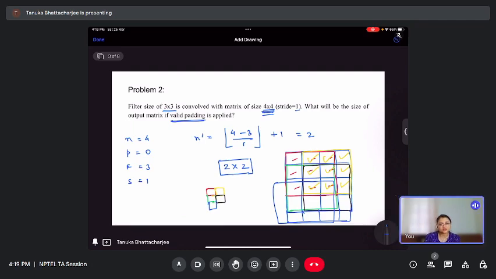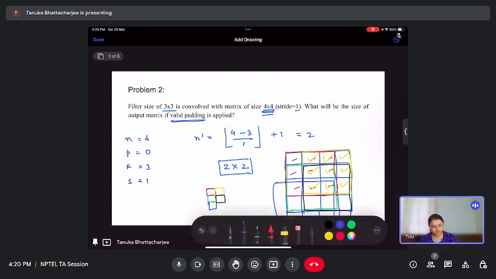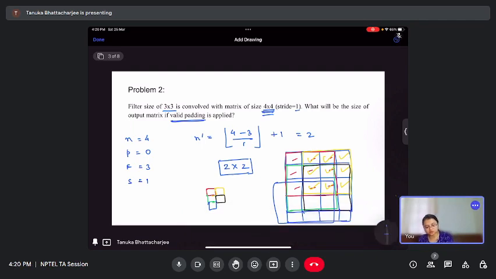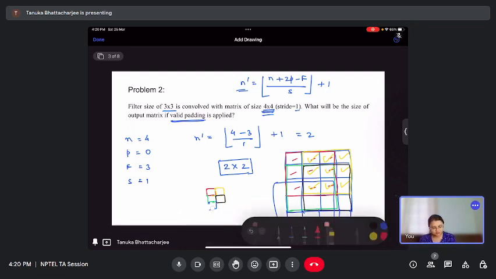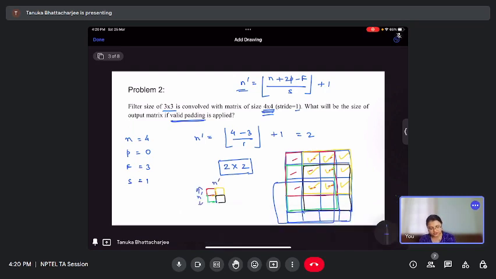Yeah, without padding. So, how much we have to pad, how do we come to know? You can compute it from the same formula that we are using. The formula I gave, this n dash is your output dimension. Each side is n dash, and initially it was n cross n.